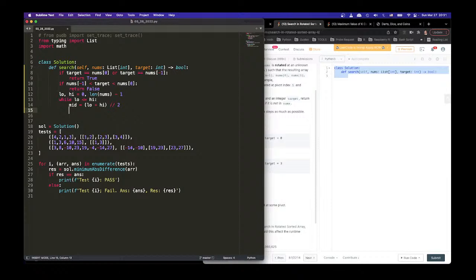So if I'm here, the target is here, right? The target is bigger, so we always need to move the left. In this case, the limit is here, the target is here, so always move the left. Okay, we move the left. If it's smaller, we move the right.